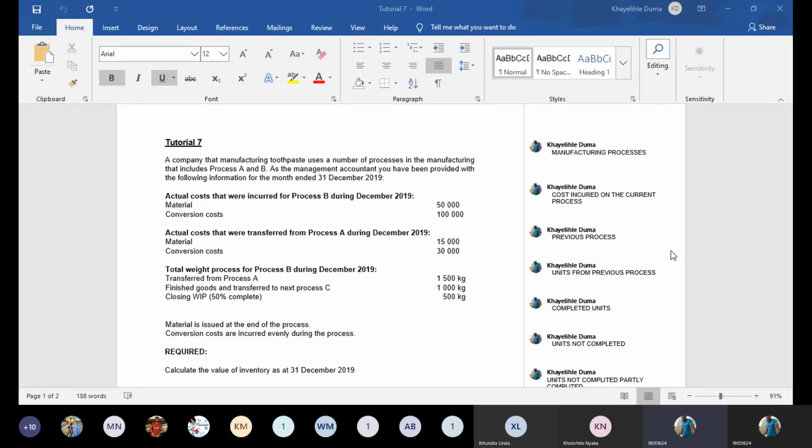Each and every output will have its own unit cost, because the elements that you are putting there, the time, are different from unit to unit. So the unit costs are different. Now we are doing Unit 7, which is process costing.